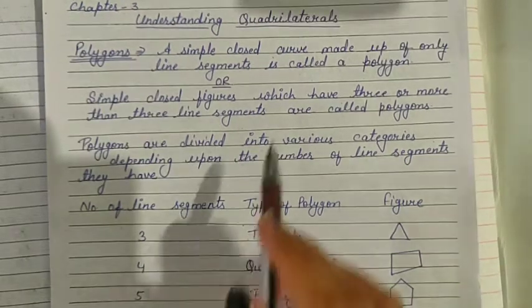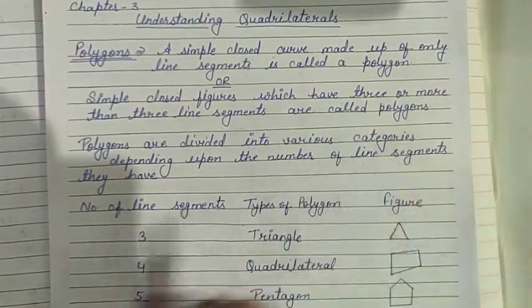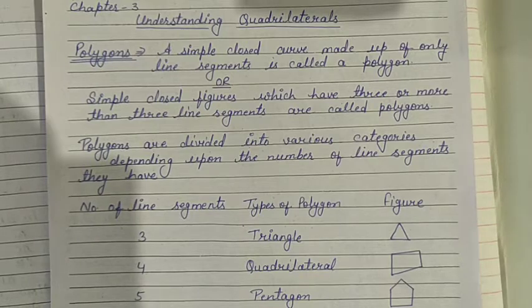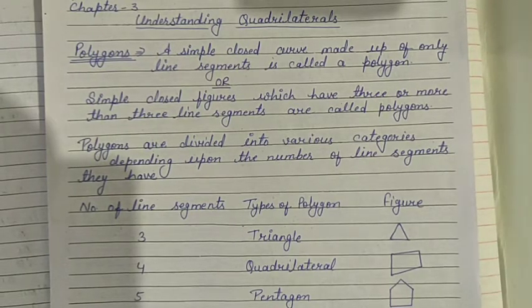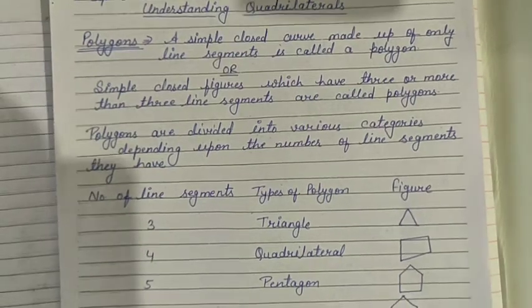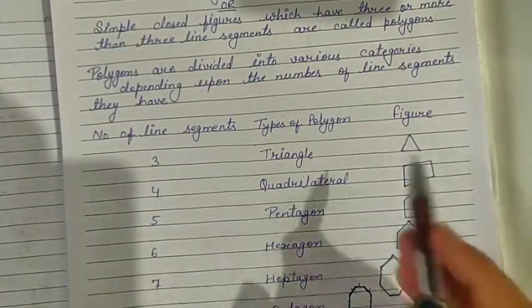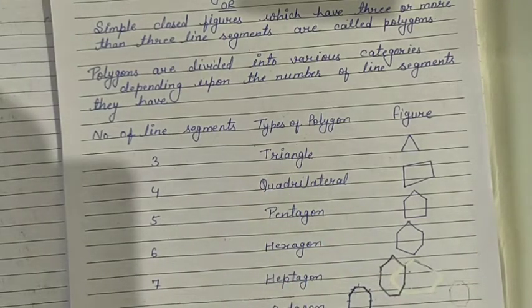Students, polygons are divided into various categories depending upon the number of line segments they have. If a polygon has 3 line segments, then it is called a triangle.